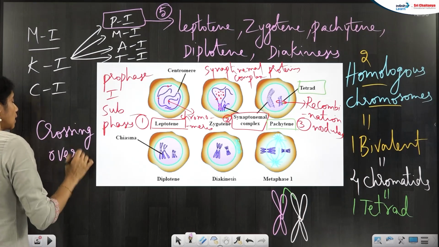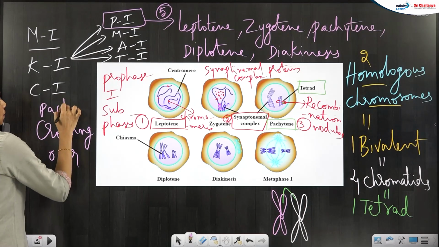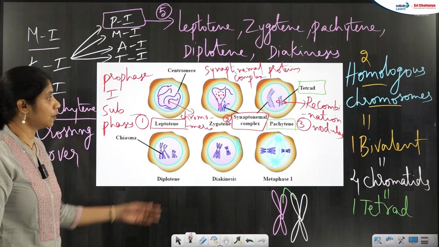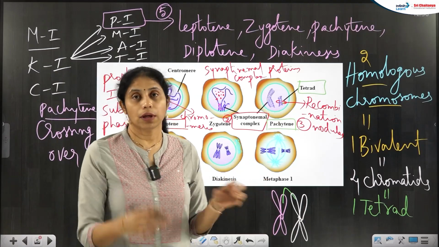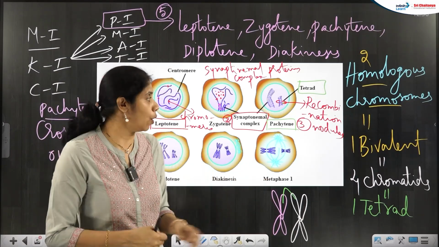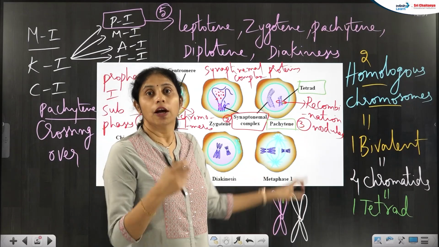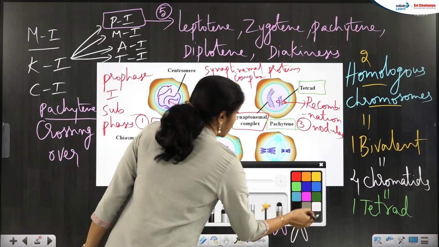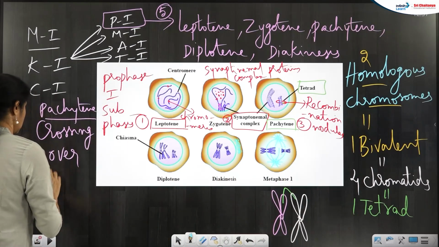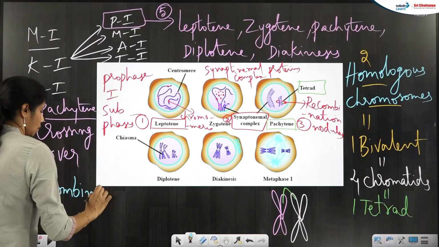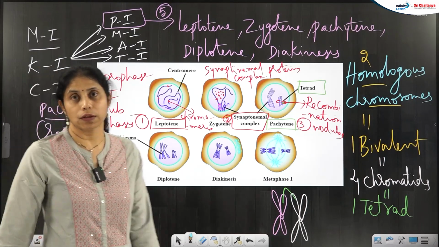So in the pachytene stage, crossing over occurs. This is the most important phase of meiosis 1, because the exchange of genetic material happens between the two non-sister chromatids of a bivalent with the help of a particular enzyme. The enzyme is called recombinase.